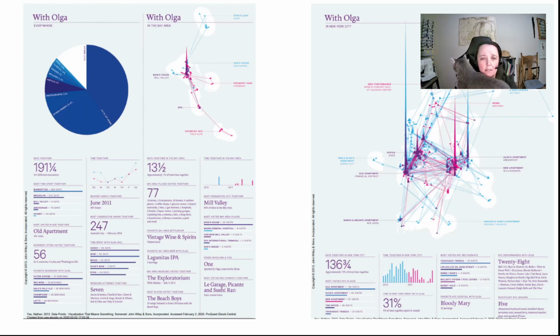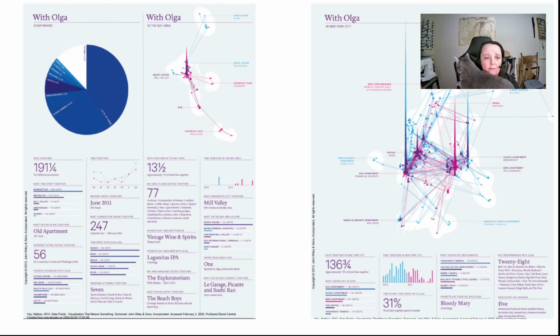So we've got data displayed as a map, as a pie chart, as bar charts, and in lists with text. So we have all these different ways of showing the patterns of activity with this person, Olga, right?